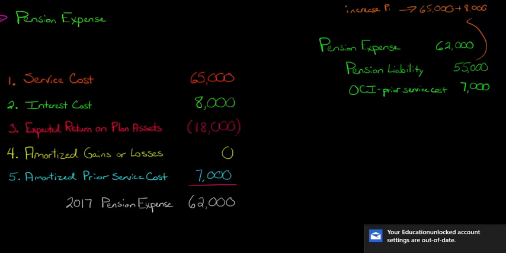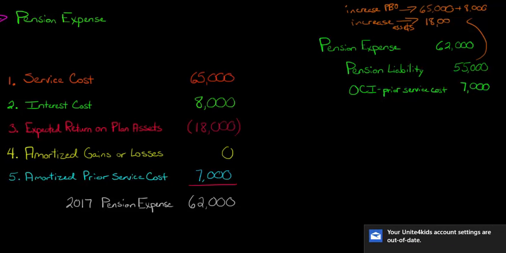So this part will increase the PBO, our obligation, and then we have an increase to assets. And remember that the funded status of our pension, what shows up on our balance sheet, is the net between the PBO and the plan assets.